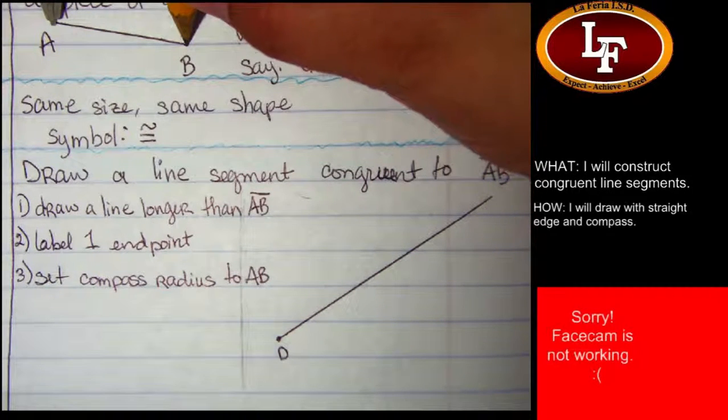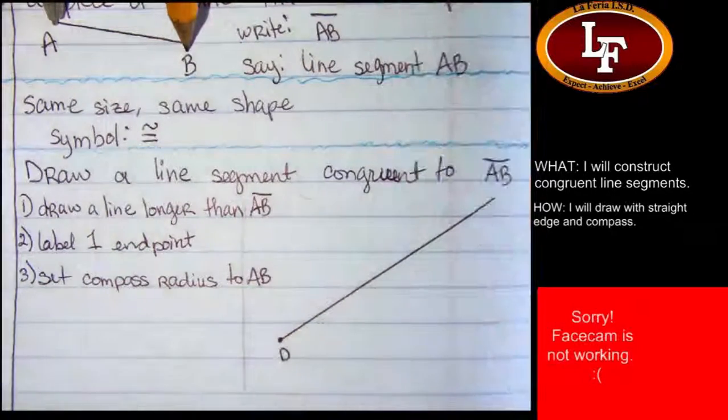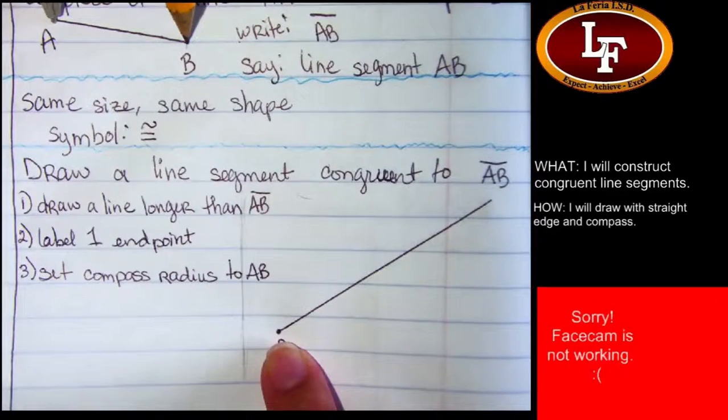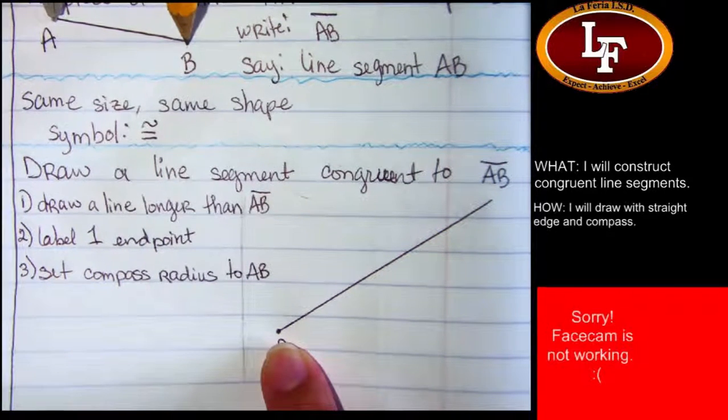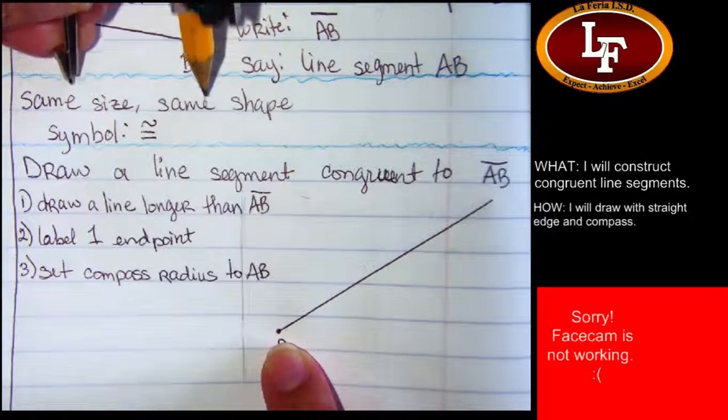Now here's the tricky part. You must pick up and move your compass so the needle is on this endpoint that you just labeled, but you have to do it where the compass radius doesn't change. So you've got to pick it up.